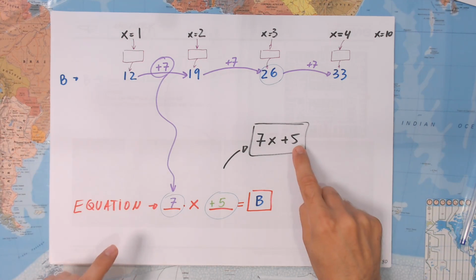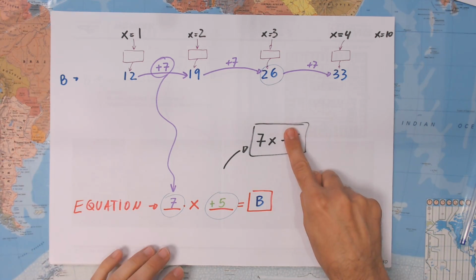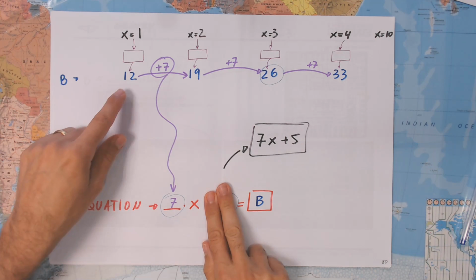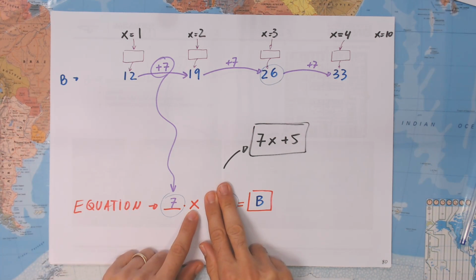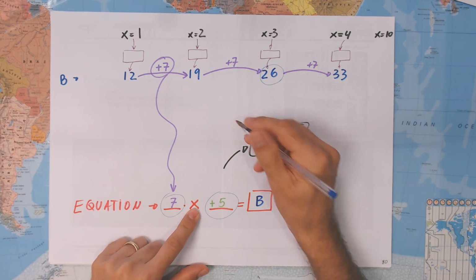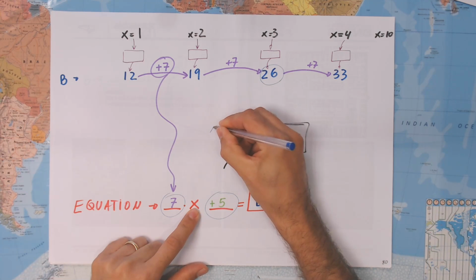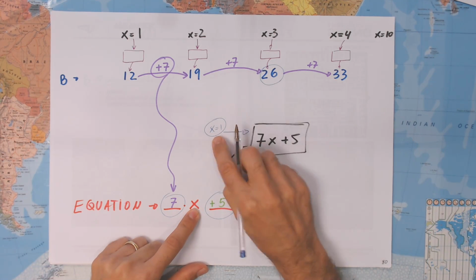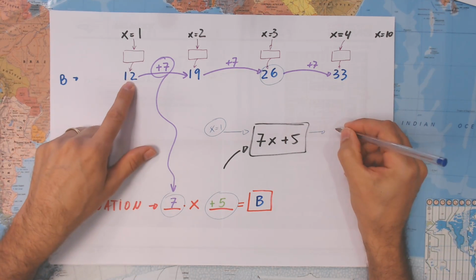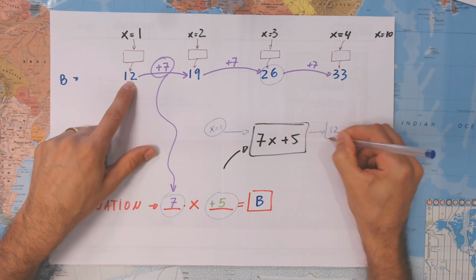And let's say now we have to find out this number in here. We don't know this number yet. Now, just make x equals 1. This is going to be a 7. But if we plug in x equals 1 into our machine, it must return 12. Agree? It must return 12.